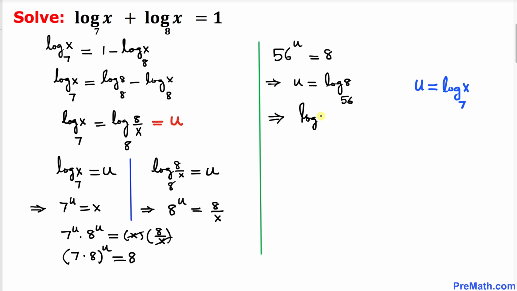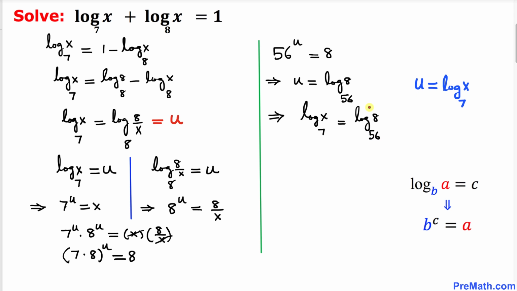Log of x with the base 7 equals log of 8 with the base 56. On the right hand side, log of 8 with the base 56 is just a constant. Let's solve for x by using this well-known fact once again.